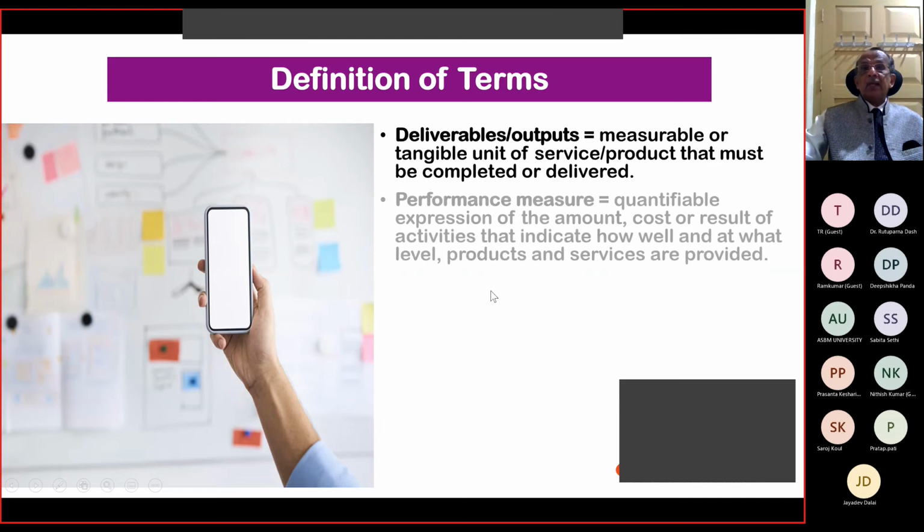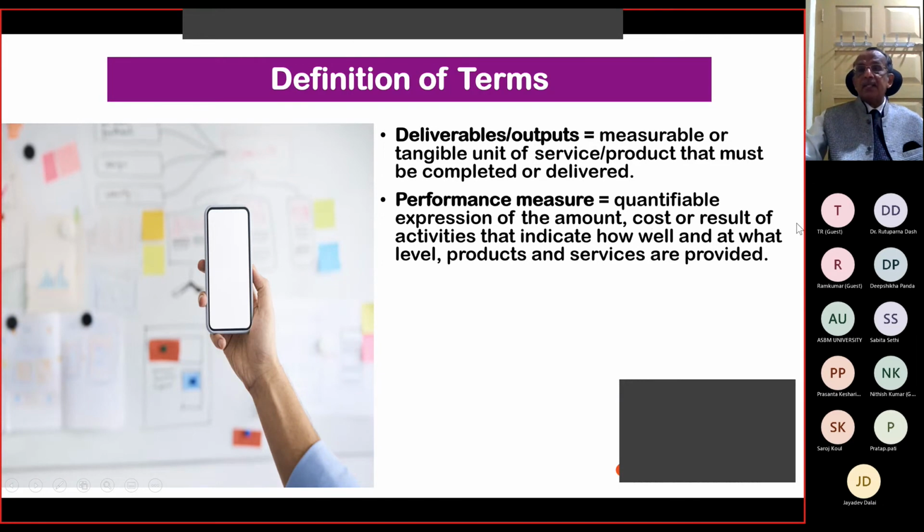Performance measures are a quantifiable expression of the amount, cost, or result of activities that may indicate how well and at what level products and services are provided. By the way, as MBA students, what is your performance measure?